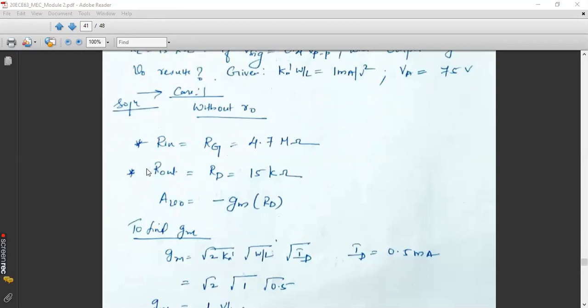Now find the equation for R out. The derivation, what is the result for R out? I think you have consolidated all the results in one box at the end. Please check it and tell me what is the result for R out. R out is, I think, RD parallel R0, right? In that I will neglect R0 because here I have not considered R0.